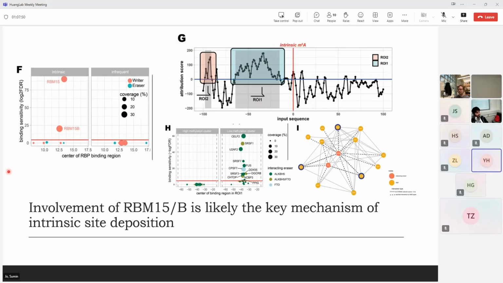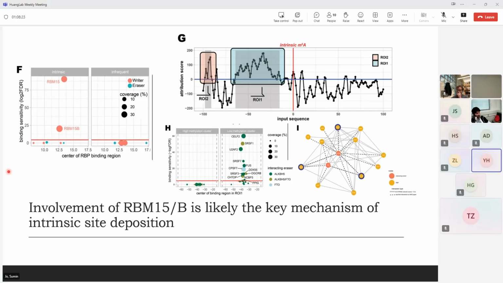Okay, so if the classification performance is high, that would suggest the nucleotide backgrounds between intrinsic sites and the infrequently methylated M6A sites are different. Right? So therefore, there are unique nucleotide motifs in the neighborhood associated with intrinsic M6A sites, right?